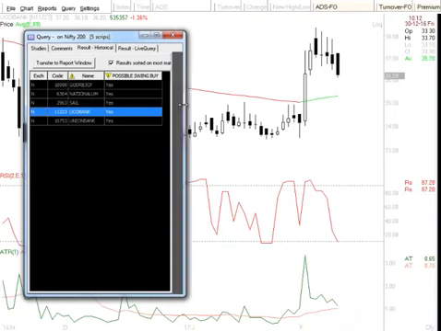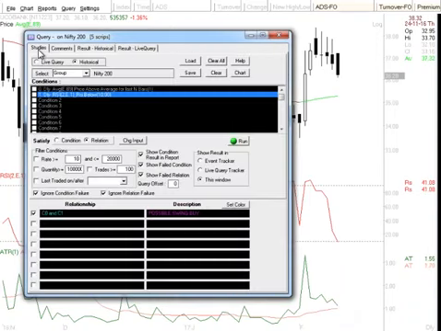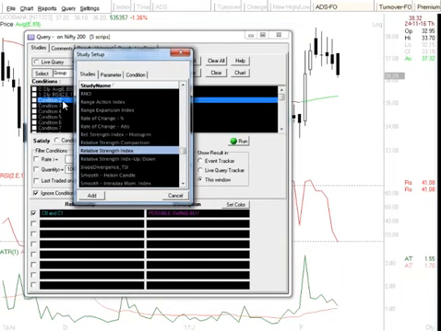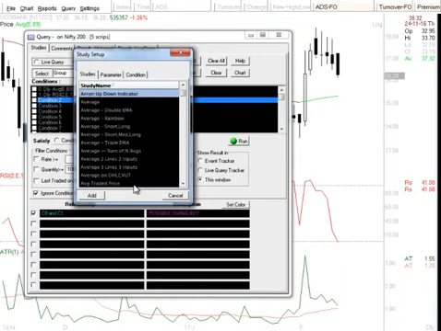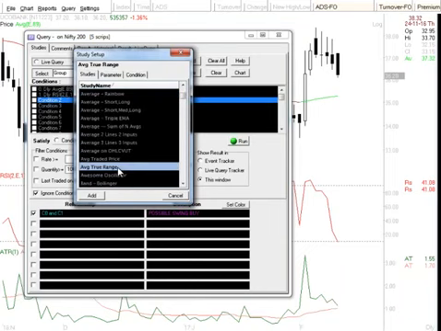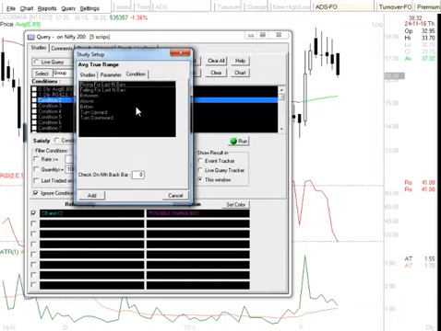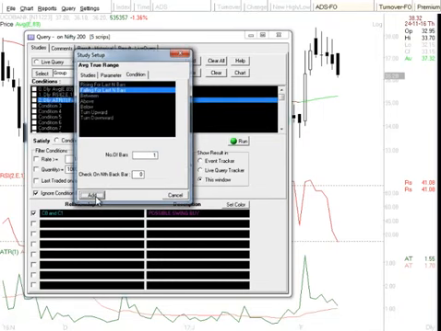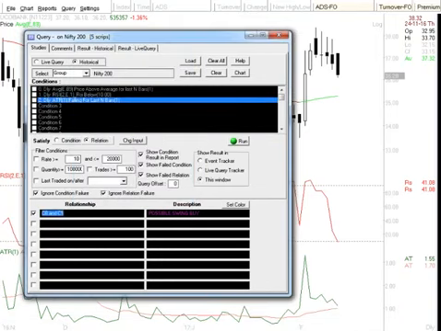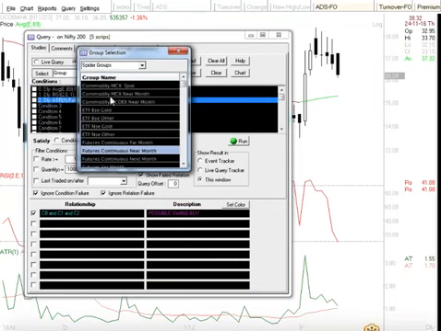So let's come here and add another condition. I go to average true range of 1 day, and I tell the computer that it should be falling for the last 1 day. Over here I AND it: C0, C1, C2.